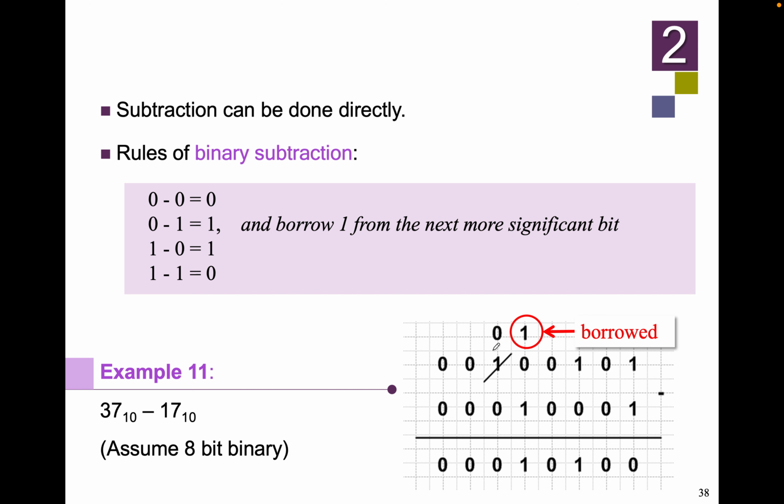If you borrow first, it seems like 1 minus 1, then you will pick a wrong answer. So for the case of 0 minus 1, you need to put the answer, the sum, first, then you bring the borrow. The rest is 0 minus 0, you will get 0.